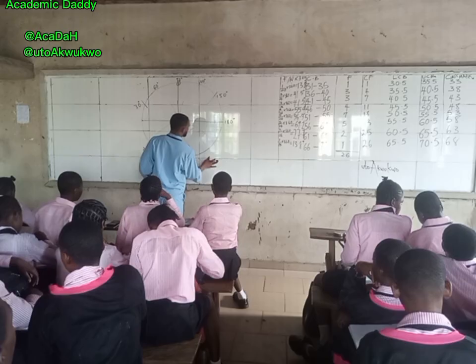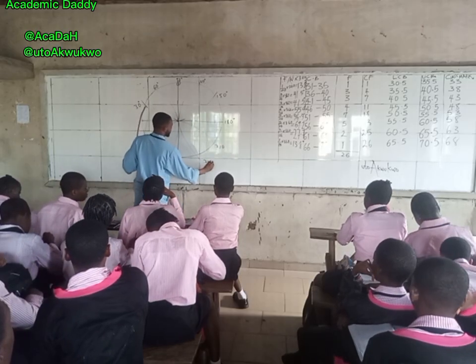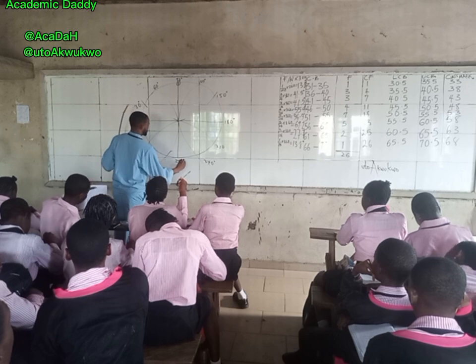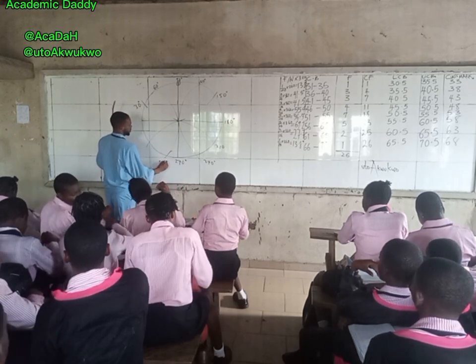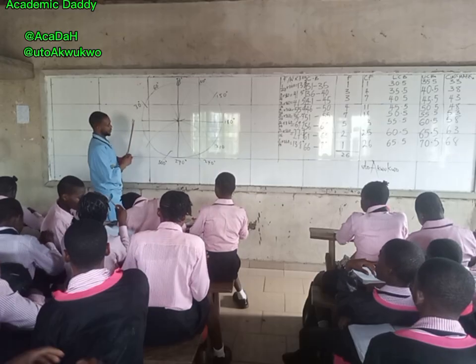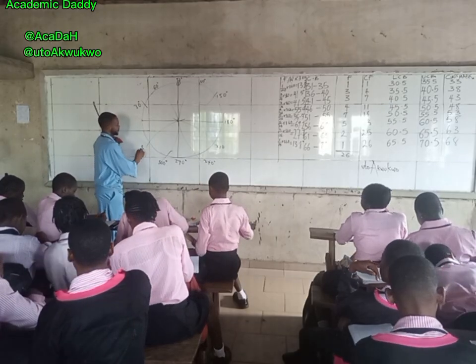This should be 210, should be 240. So this one will not be. Is it 310 or 300? 270 plus 30.